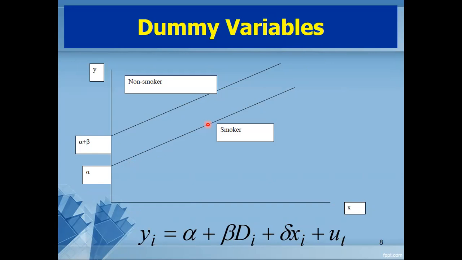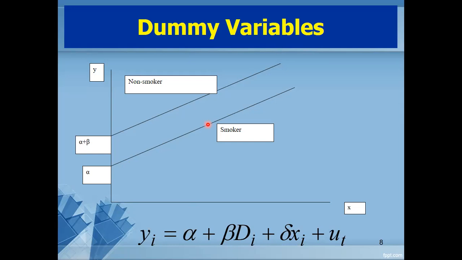You know that the purpose of a dummy variable is to represent a qualitative variable, right? For example, if you take gender, which has two categories, male and female. If you have sectors, which has three categories, urban, rural, and estate.